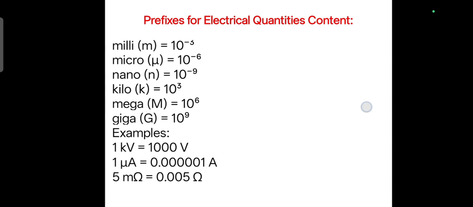To convert this 5 milliohm into ohm, you have to multiply 5 with 10 raised to power minus 3, so it becomes 0.005 ohm. These are the prefixes that we generally use for the electrical quantities.